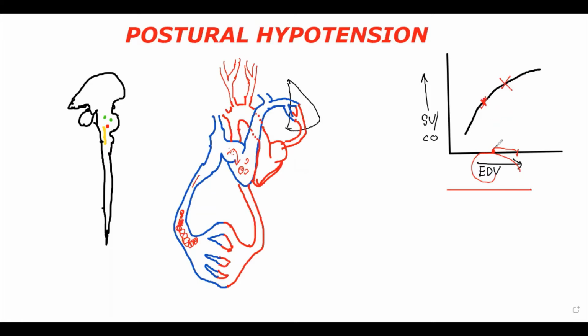So when the end-diastolic volume decreases, the stroke volume decreases from this point to this point. It means when the heart receives less venous return, it ejects less blood.